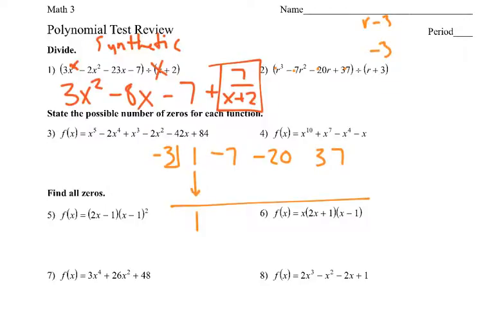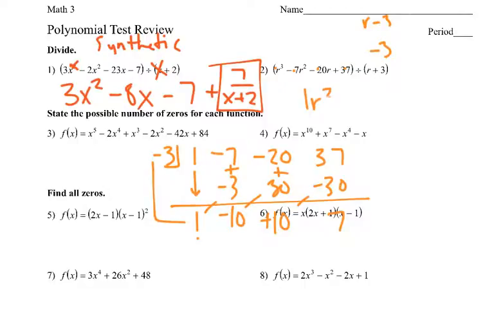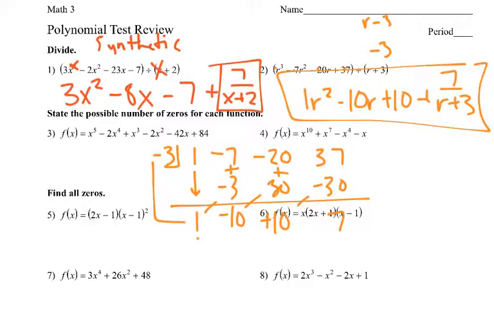Bring the first down, times negative 3 comes up here, add them, we get negative 10, positive 30, add them, we get positive 10 this time, and then we get a negative 30, so positive 7 again. So we go depressed, so we'd go 1r squared minus 10r plus 10 plus 7 over r plus 3. And that's how we use that synthetic division.